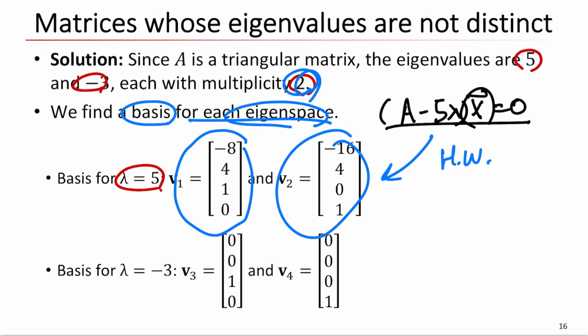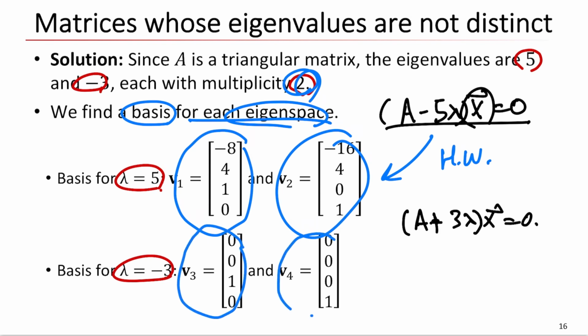You can do this one, right? And for lambda equal to -3, you can also find the solution of (A plus 3I)x = 0. So v3 is something like this and v4 is something like this, right?